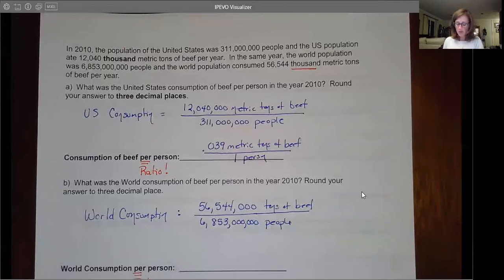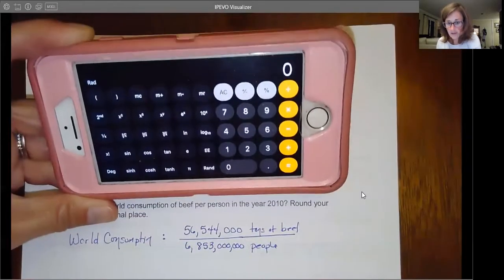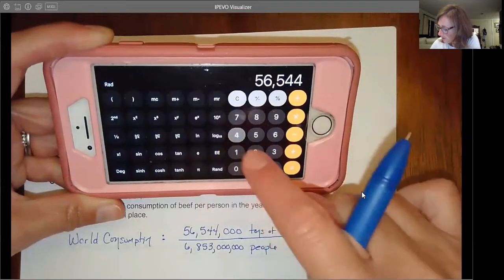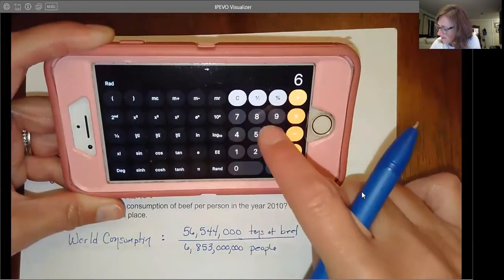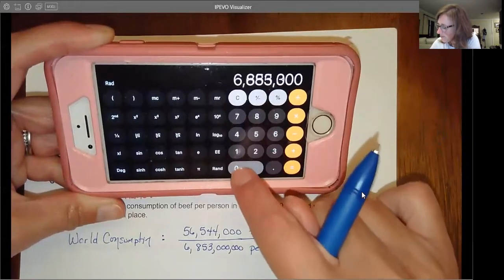So we got a unit rate on our hands. So pop this into our calculator. I'm hoping you're doing this too. All right. So we have 56,544,000 divided by 6,853,000,000.